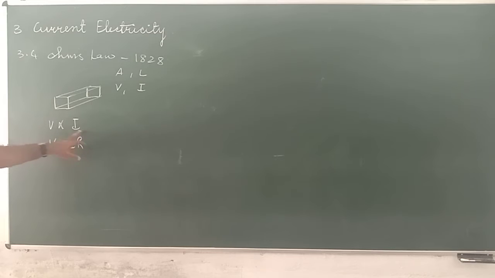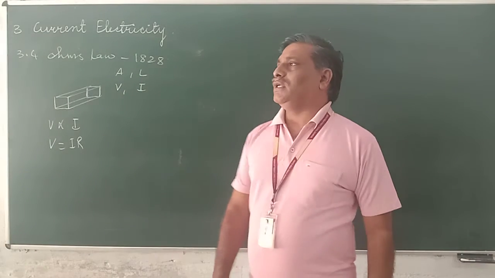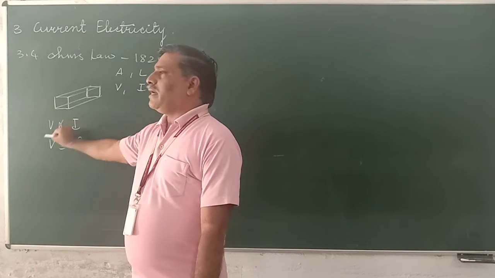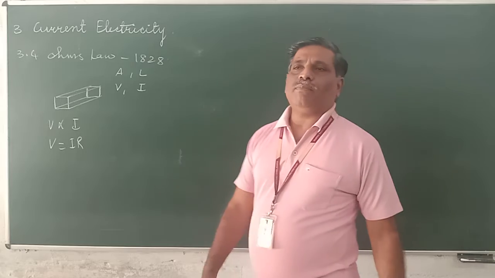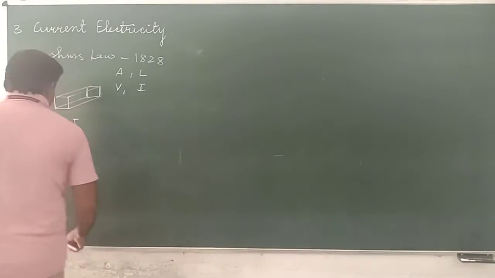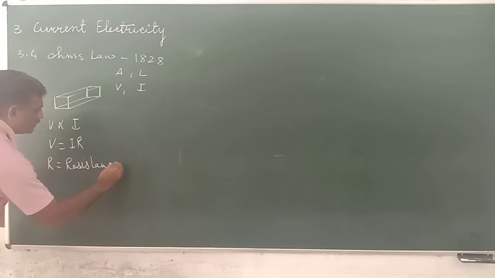Here R is called the resistance of the conductor.